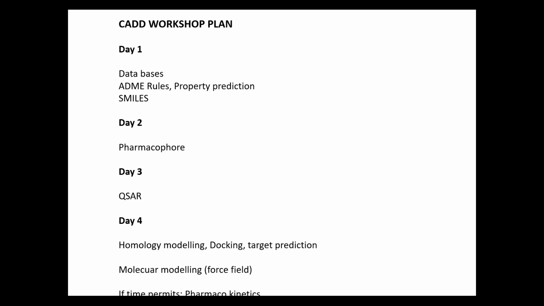So in day 2, we will look at ligand-based drug design. Ligand is your small molecule. They call it ligand, or a lead molecule or a hit molecule. It is still not called a drug unless it's approved by the Food and Drug Administration.